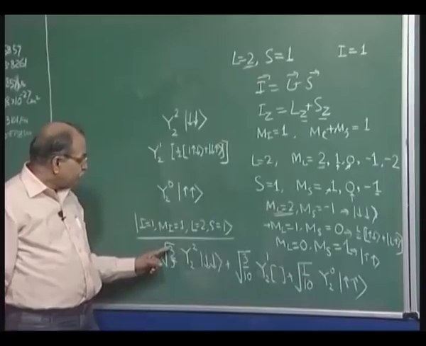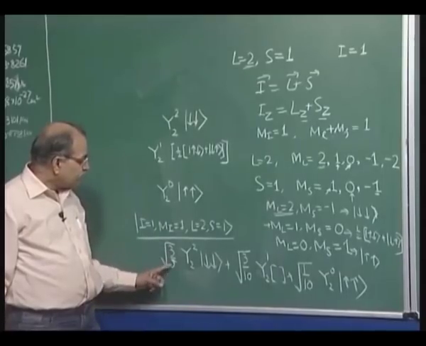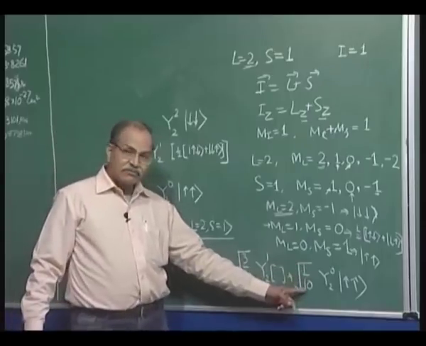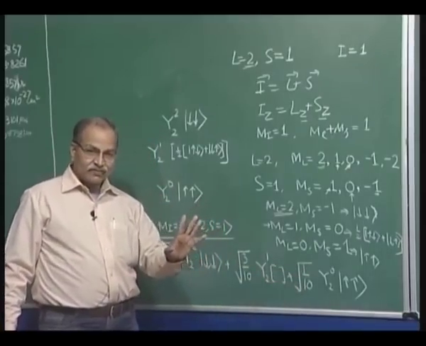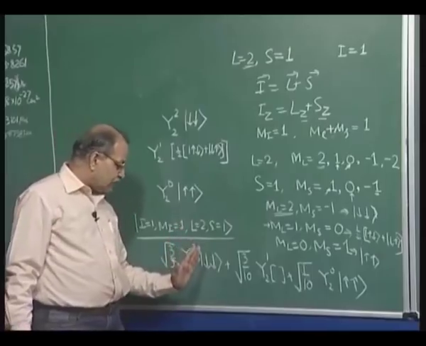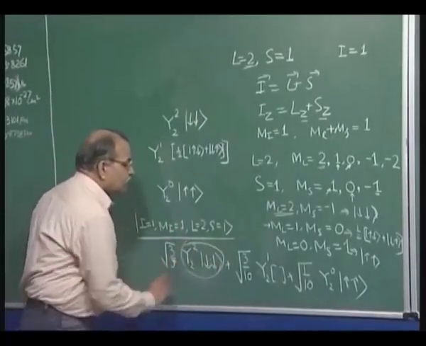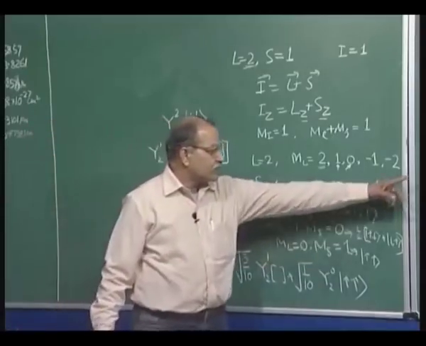So, this will be 3 by 5, that is 6 by 10, plus 3 by 10 is 9 by 10, and plus 1 by 10 is 1.